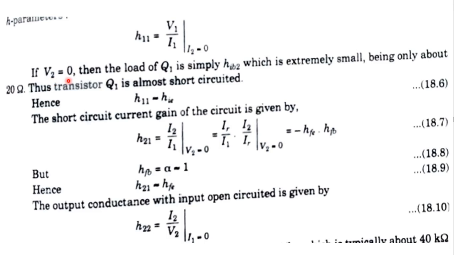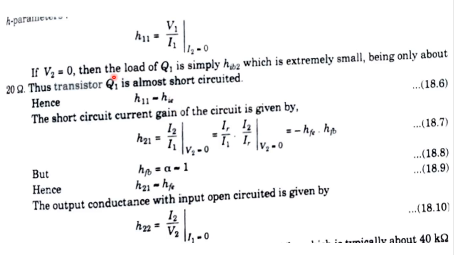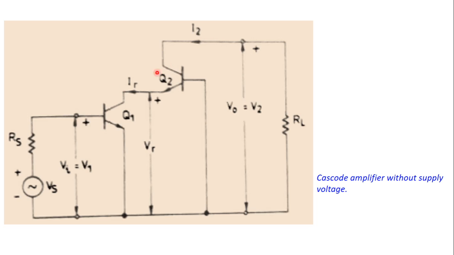Now, if V2 is 0, then the load of Q1 is simply HIB2, which is extremely small, being only about 20 ohm. This is because we are satisfying the condition I2 equals 0, which means this terminal is open circuited.